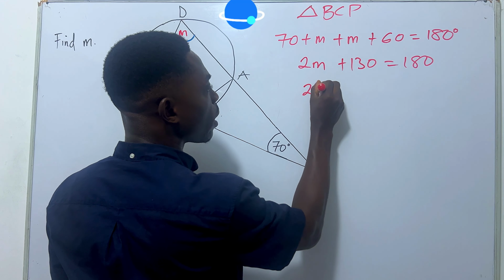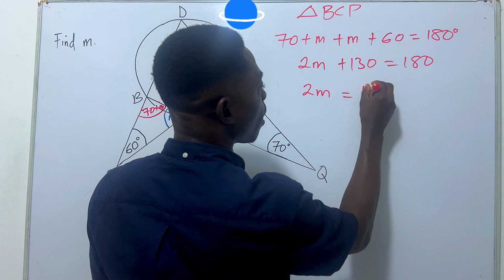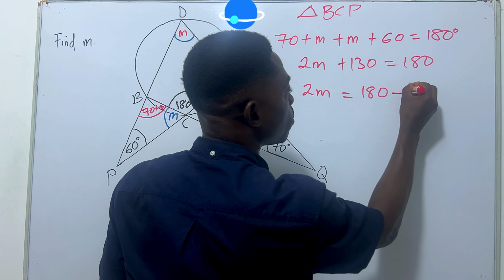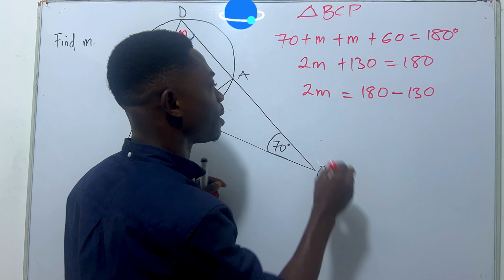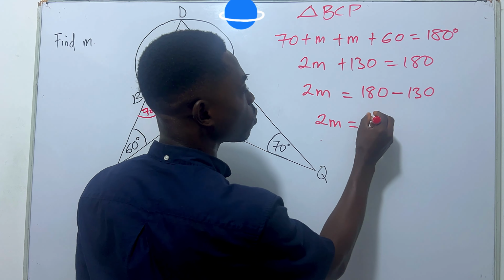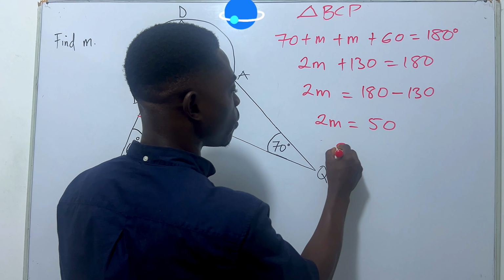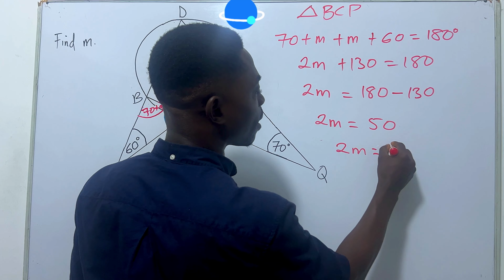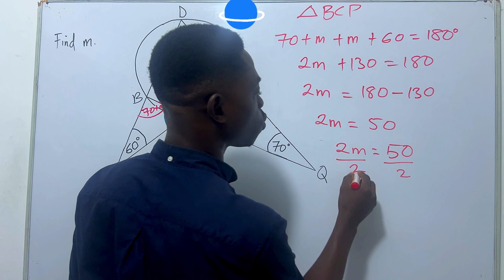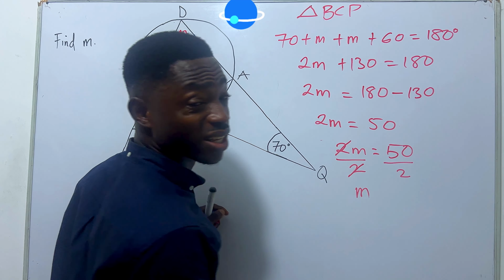Then we keep 2m on the left, then we move anything else to the right. So we are going to have 180. When we subtract 130 from both sides, we are going to have this side to be minus 130. Then here we are going to have 2m is equal to, is it 50? Yes, it is. So here we rewrite it again, and at this point we divide both sides by 2 so that this goes into this one. 1 times m is giving us m.